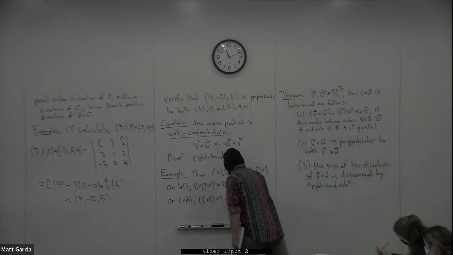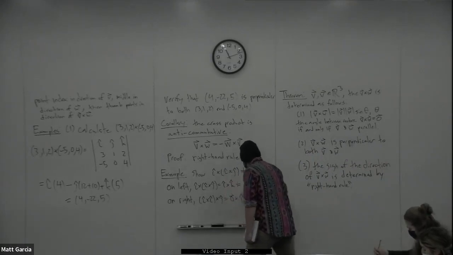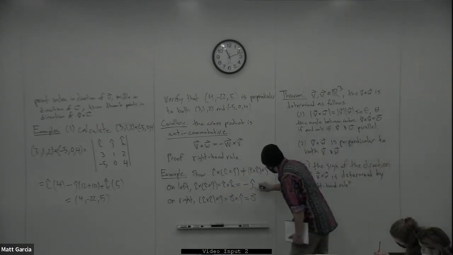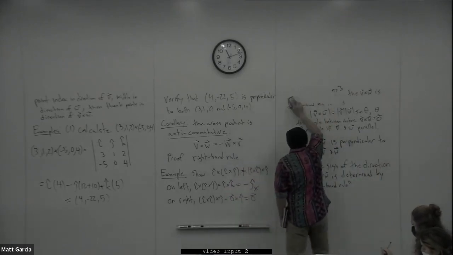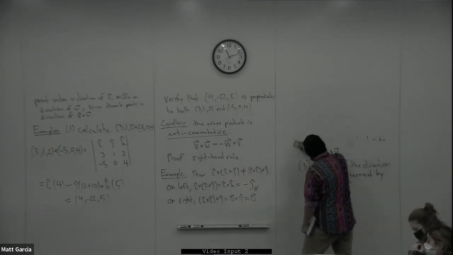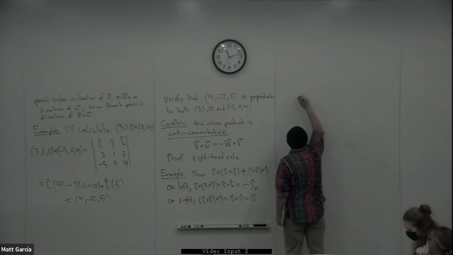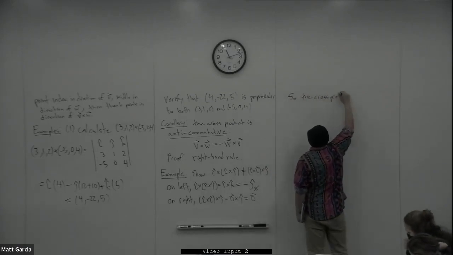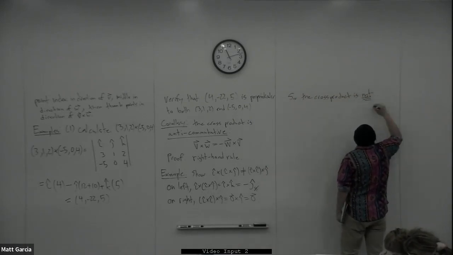So this is 0 vector cross j hat, which is just the 0 vector. Right? These are not equal. So the cross product is not associative.